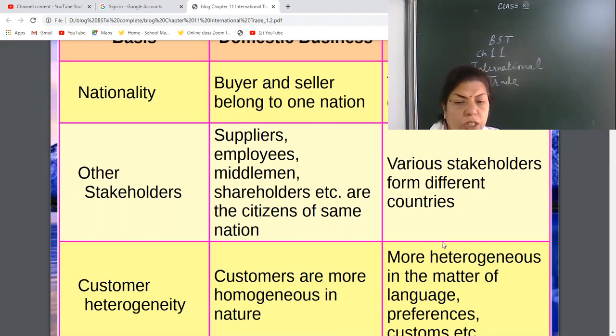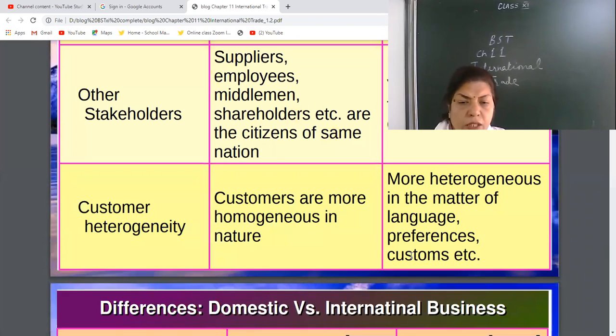Customers' heterogeneity. In domestic business, customers are homogeneous in nature. They require the same trend, fashion, taste, language, custom, tradition, festival. In India, if you are celebrating Diwali in Jaipur, that is also celebrated in Delhi.